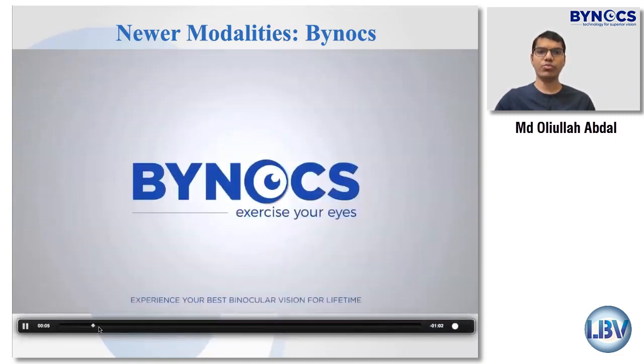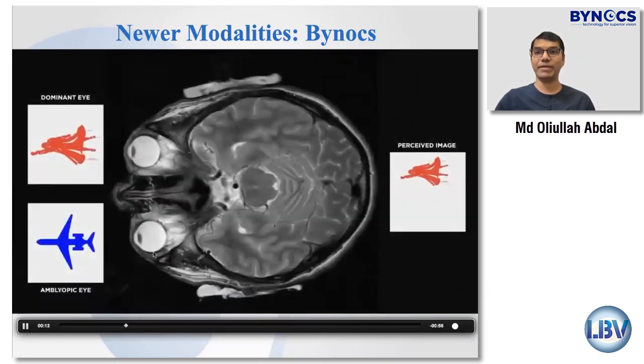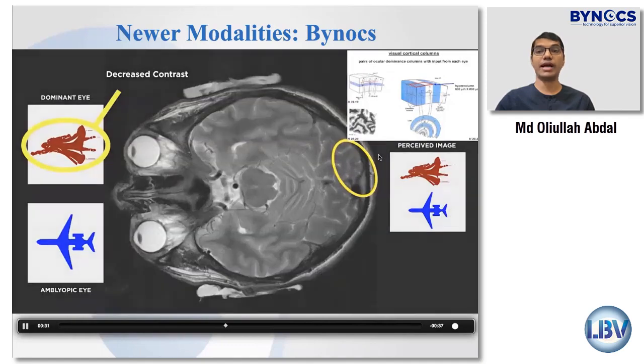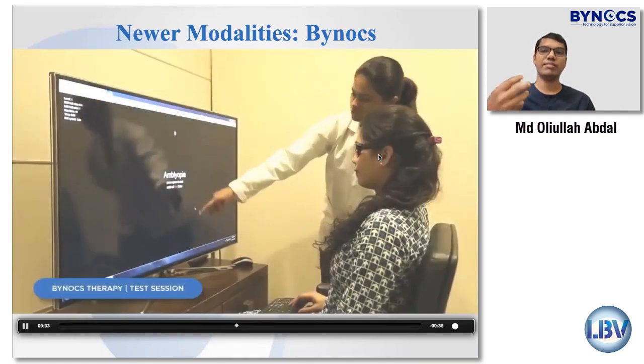Let's see what actually happens in the contrast adjustment. Just to brief you, when you have a patient with amblyopia and suppression, the dominant eye would boss over the non-dominant eye, and as you see, the brain perceives only one image. But the moment you reduce the contrast, the brain starts seeing both the images together, which explains that by changing the contrast, the ocular dominance columns can start perceiving both images together.